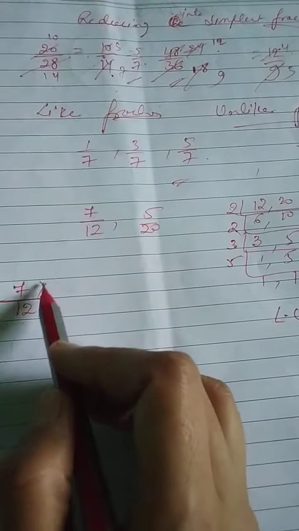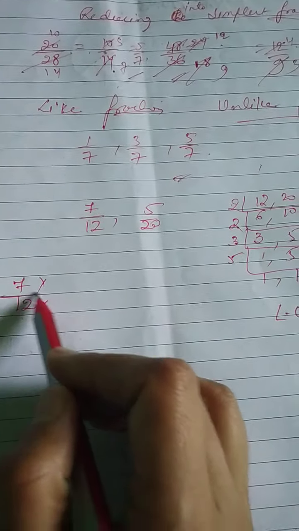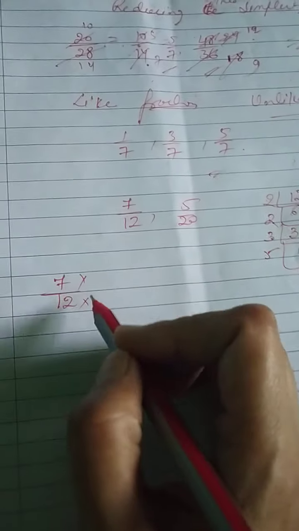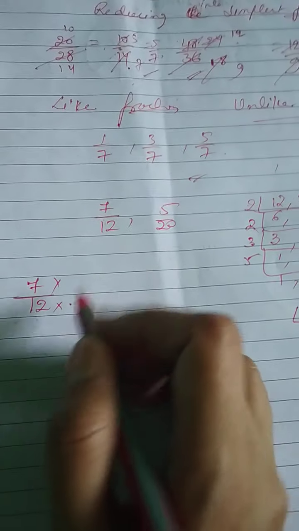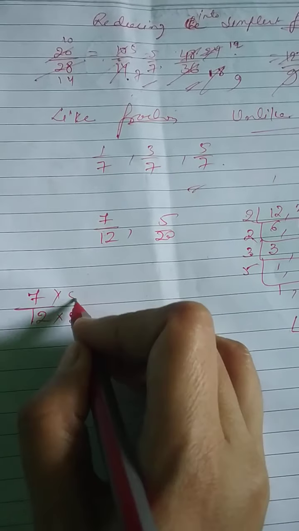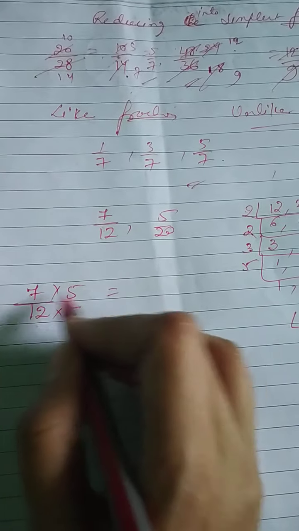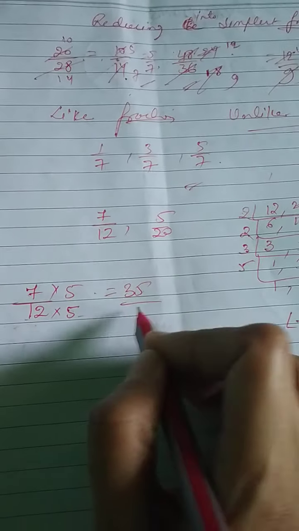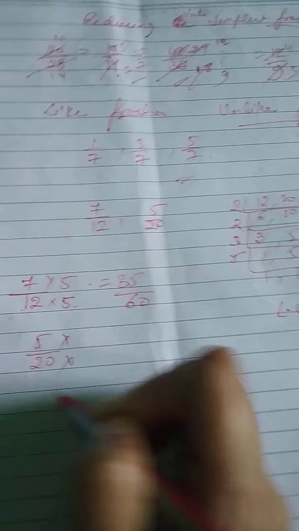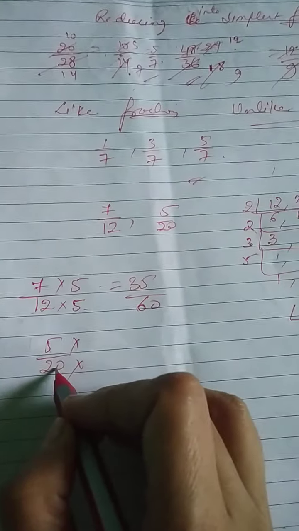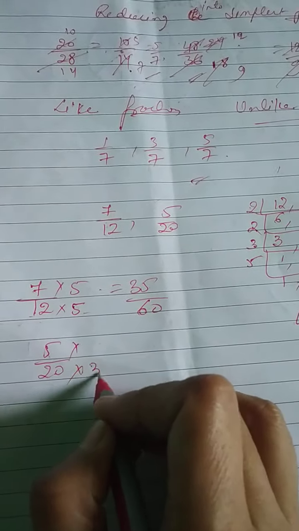Okay. Now 60 is the LCM. Whatever fractions we have here, we have to make its denominator 60. So what number should we multiply here so that we will get denominator 60? 12 fives are 60. So up and down both we will multiply by 5. 7 fives are 35 by 12 fives are 60. Its denominator also we have to make 60 only, because LCM is 60. So 20 into what will we get 60? 20 threes are 60.